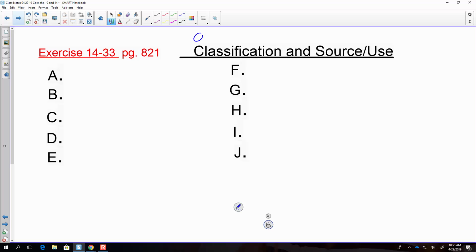Either operating is 1, investing is the 2nd, and then finally finance. Starting with letter A.